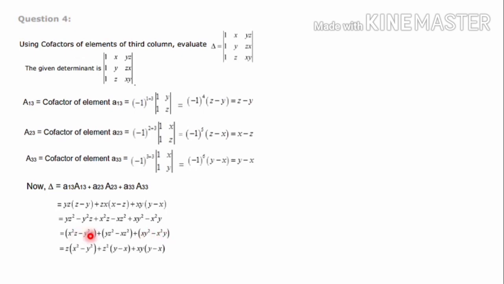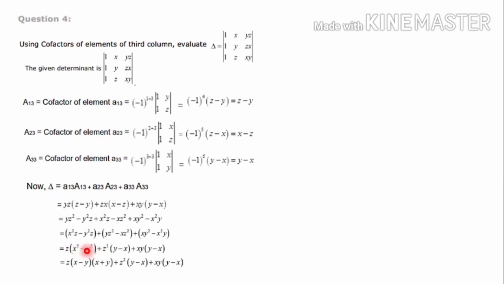In these two, z is common, then z into the balance is x square minus y square, plus in these two z square is common, take out, then y minus x is the balance, and in these two xy is common, take out xy into, the first time the balance is y, the second time the balance is x.